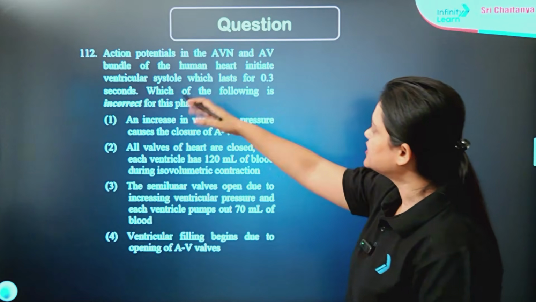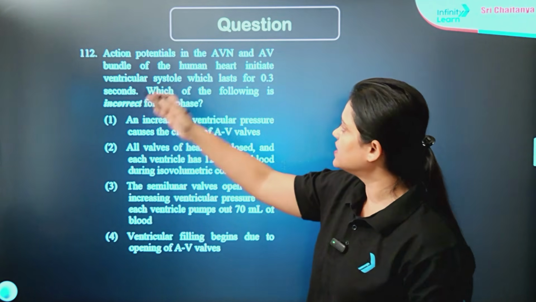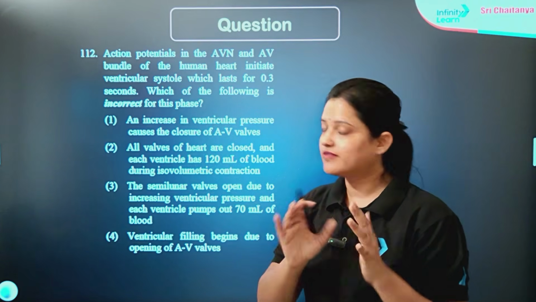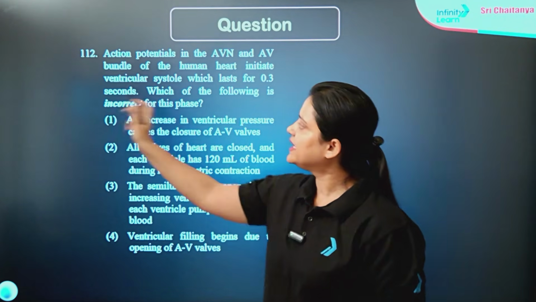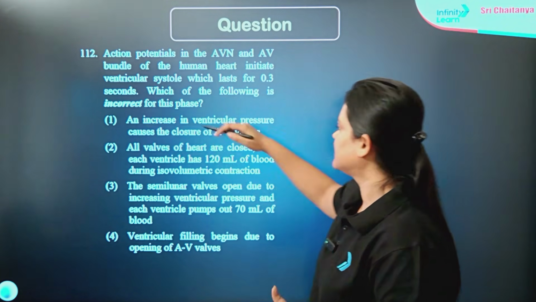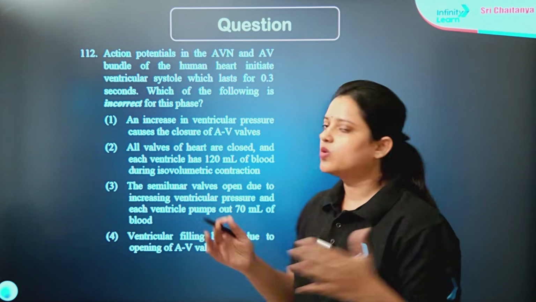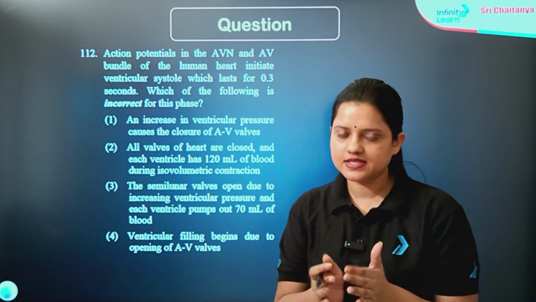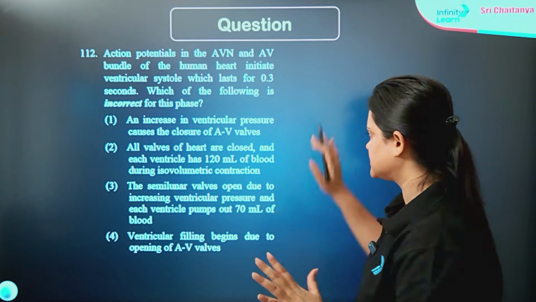Next, action potential in the AV node and AV bundle of the human heart initiates ventricular systole, contraction of the ventricle, for 0.3 seconds. Now, which of the following will be incorrect? Pay attention. An increase in ventricular pressure causes closure of the AV valve. Yes, when ventricular pressure increases, the AV valves will close because we don't want backflow of blood. This is true.